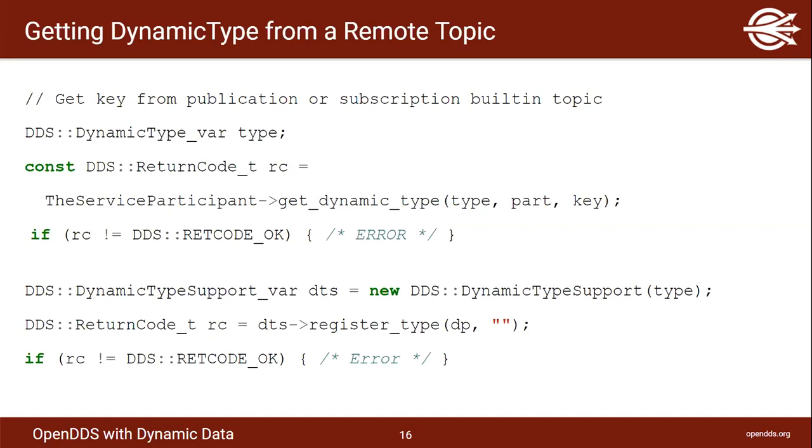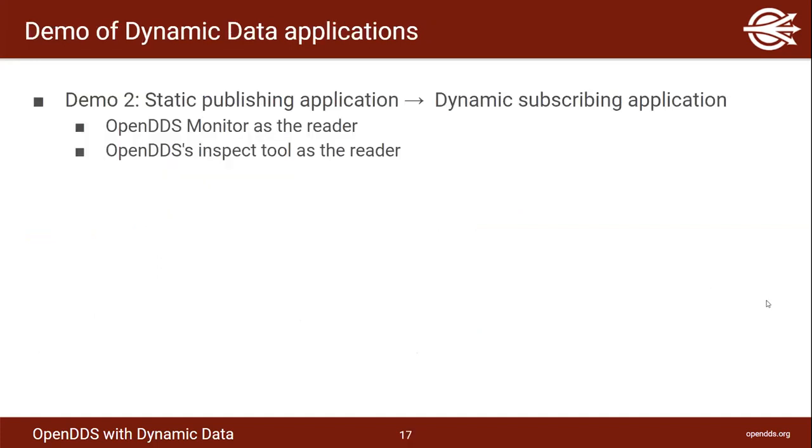And if it returns all okay, the type will be initiated, and then you can pass it to the dynamic type support as before, and then you can continue as before with creating dynamic data writers and data readers. And then I think that's all I have. And from here, I think I can hand it over to Son.